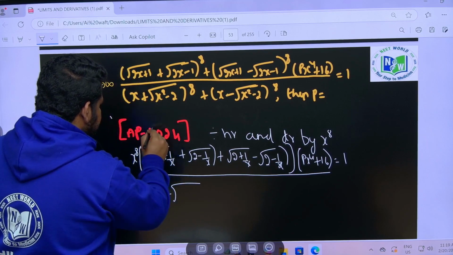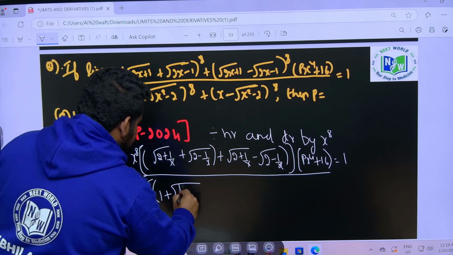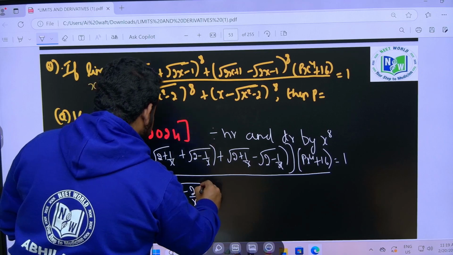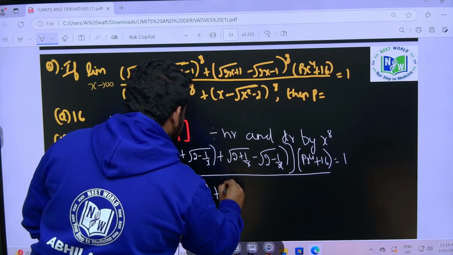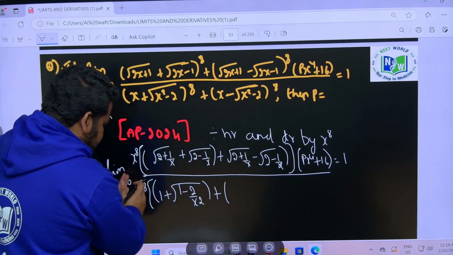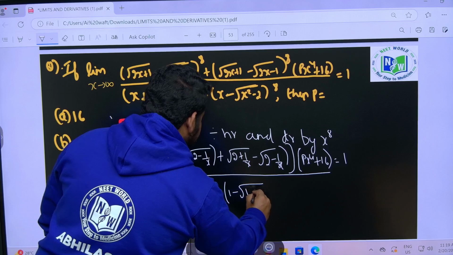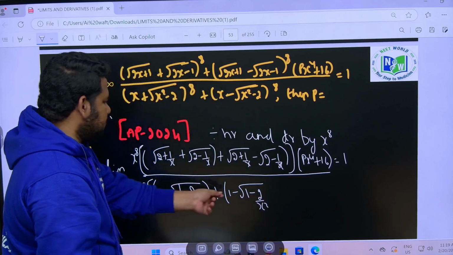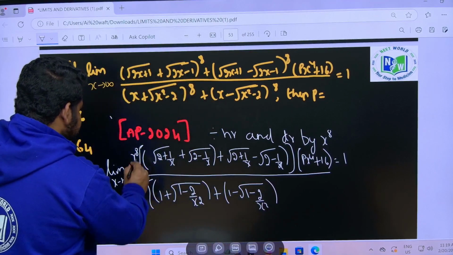If I take x square outside, this will be 1 minus 2 by x square, plus this into x. Already I have taken outside, this will be x power 8. So this will be 1 minus 2 by x square. Okay, this is what we get. So x power 8 cancels.